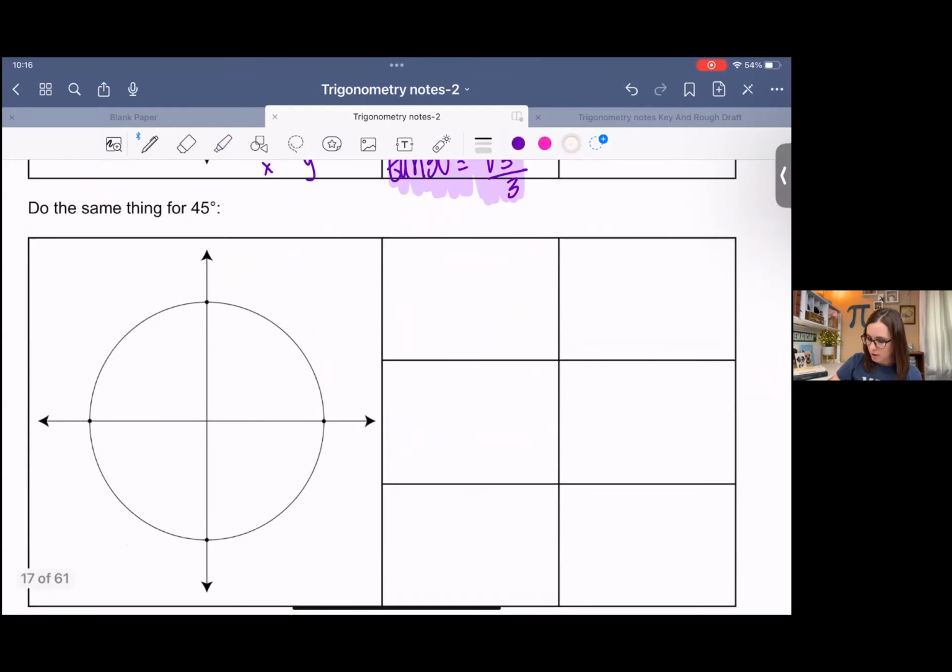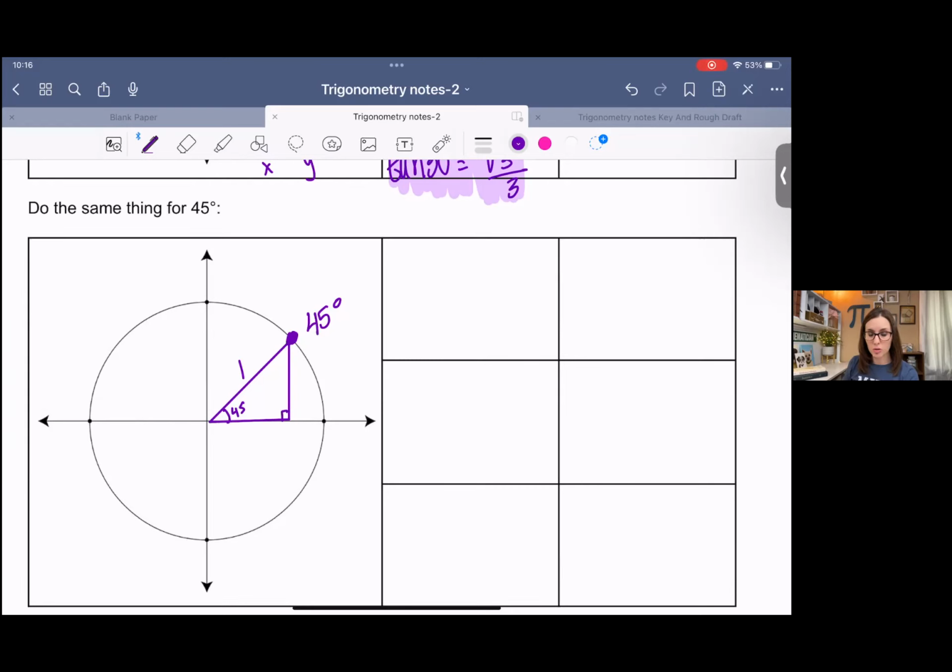So I've got my terminal side at 45 degrees. I'm going to drop a segment there, and that gives me this triangle here, a right triangle. I know that the radius is 1. And I'm trying to find the x and y coordinate for 45 degrees so that I can use that to find all the trig functions.